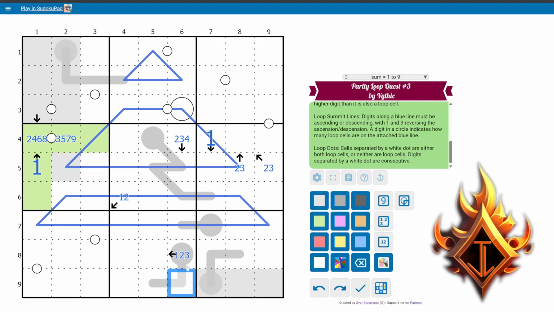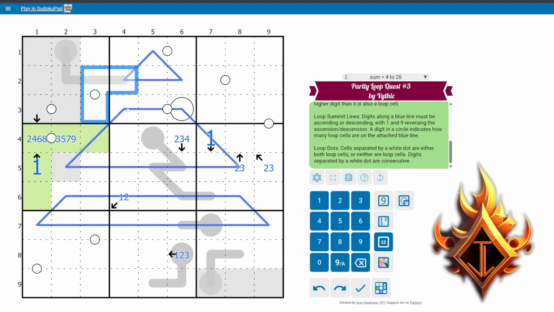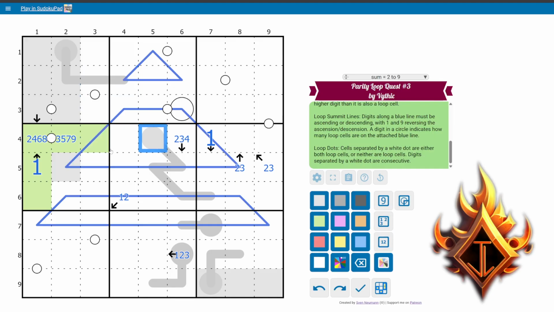That one was okay. This one was okay. If that is on the loop, that'd be okay too. If that is on the loop, it has to look like that.